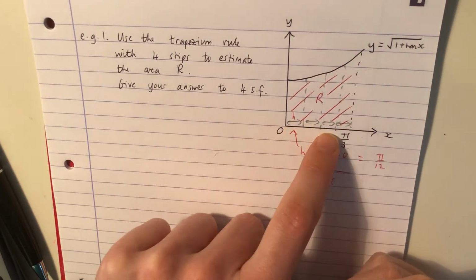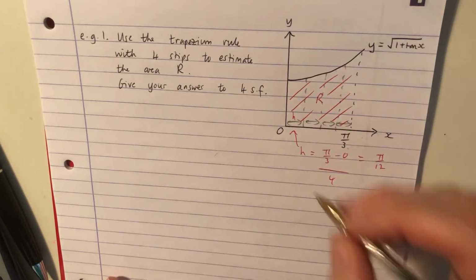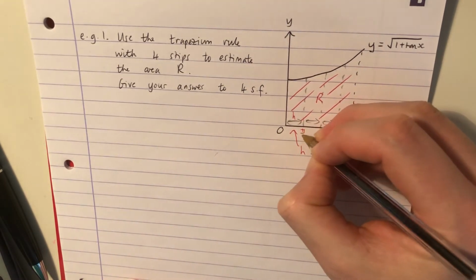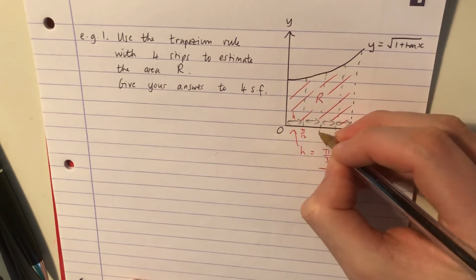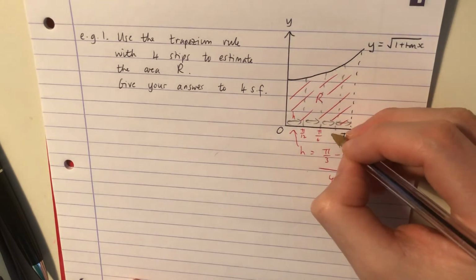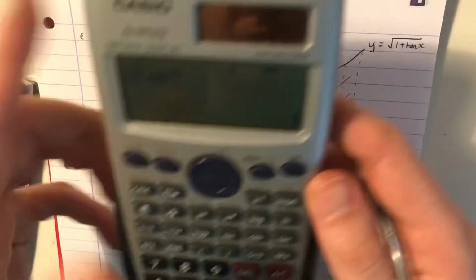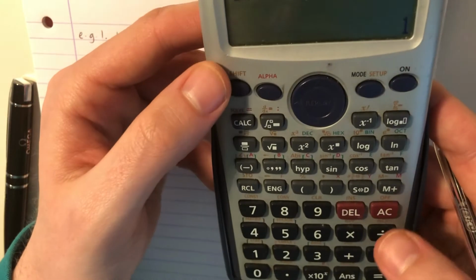So that would go up in pi by 12 each time. So I would have pi by 12, add another pi by 12 would be pi by 6, and add another pi by 12, pi by 4. Okay, and that would be it. So my step needs to be pi by 12.